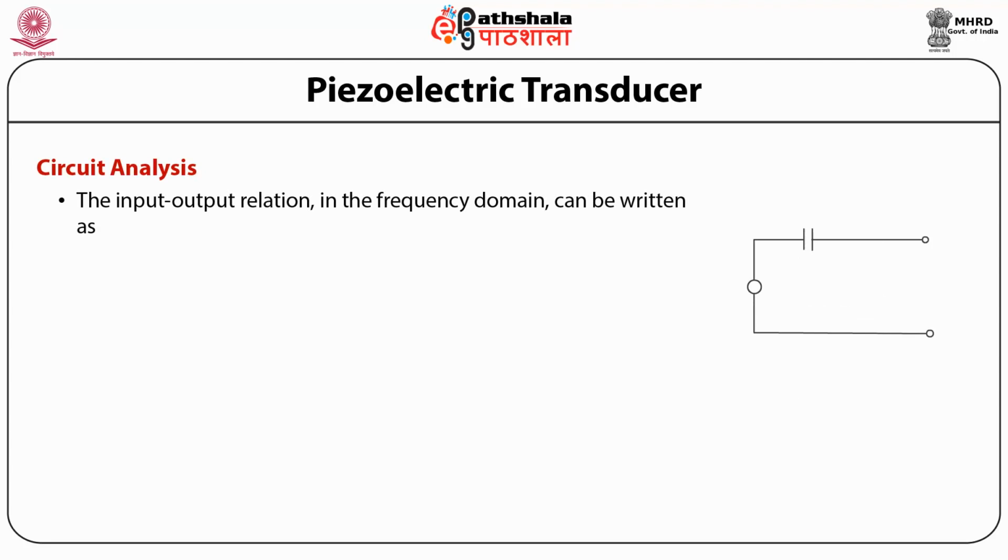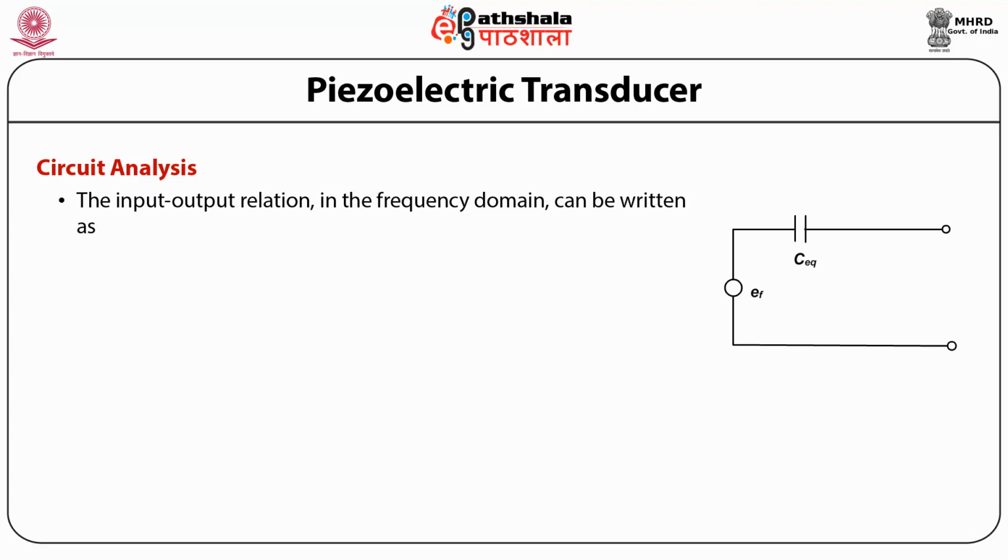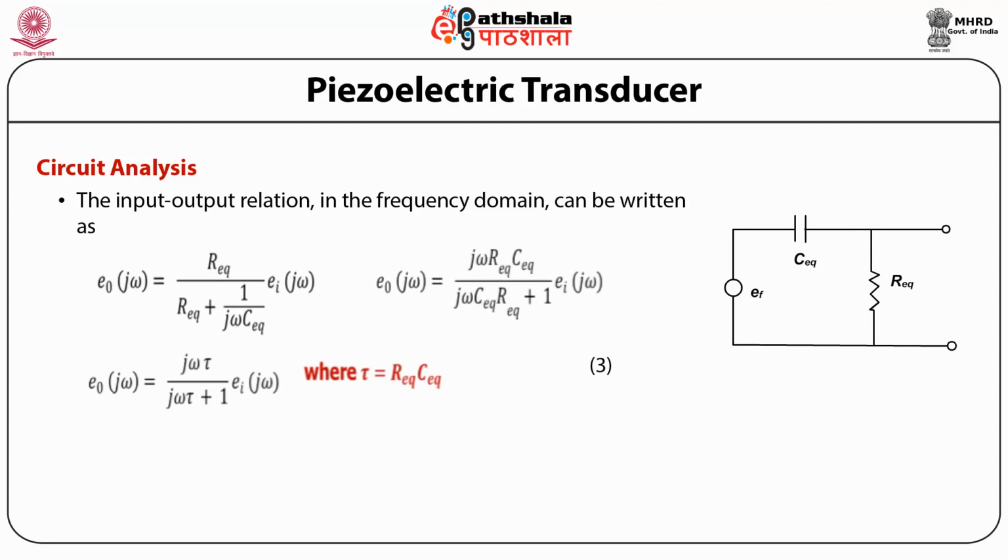The input-output relation in the frequency domain can be written as E0(jω) = R_eq / (R_eq + 1/(jωC_eq)) multiplied by Ei(jω).